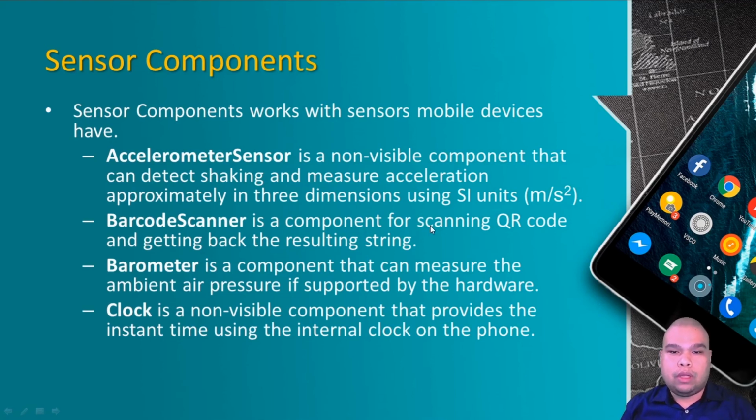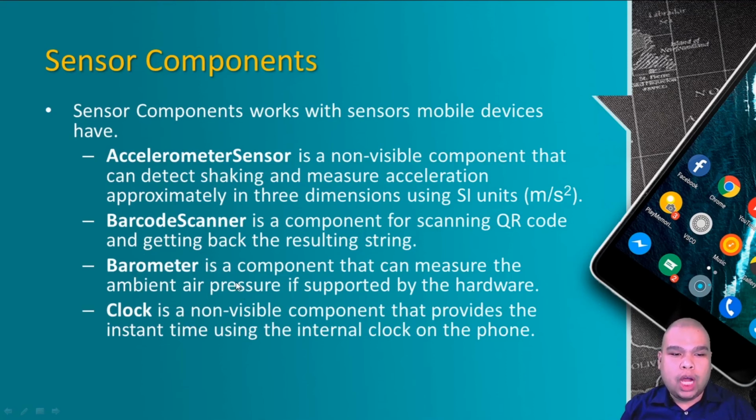It is a component for scanning QR codes and getting back the resulting string. Barometer is a component that can measure the ambient air pressure if supported by the hardware. Most cell phones won't have barometers built in, so you'll mostly use this component if you're working with IoT hardware.